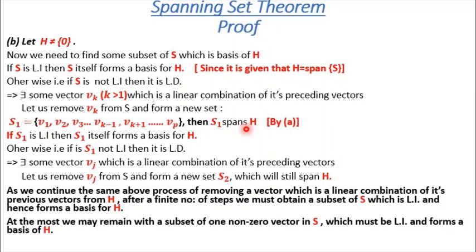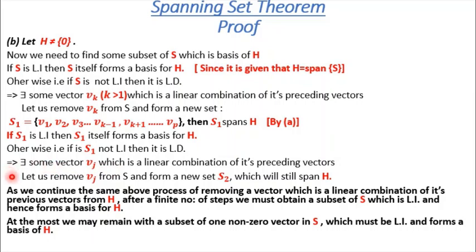Now let us see whether S1 will be LI or LD. If S1 is LI, then S1 itself forms a basis for H. Otherwise, if S1 is not LI, then it is LD. Then, by the property of an LD set, there will be a vector in that set which is a linear combination of preceding vectors.